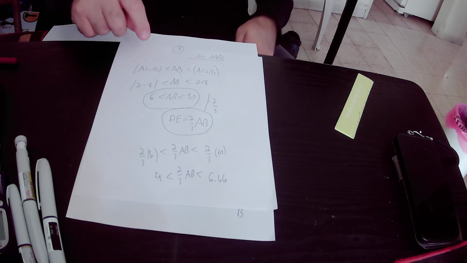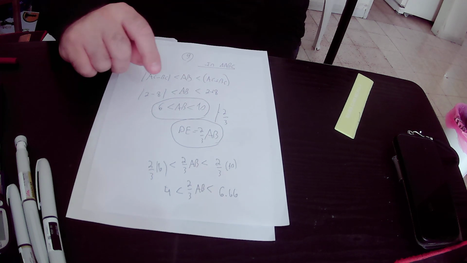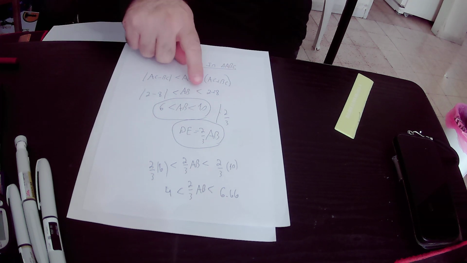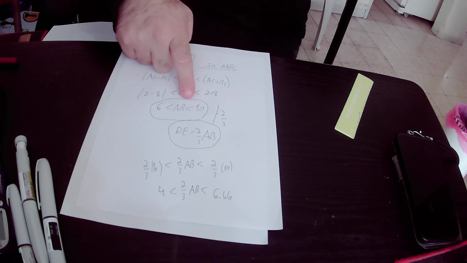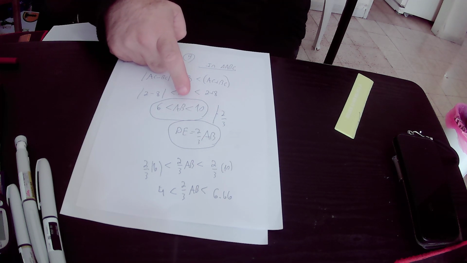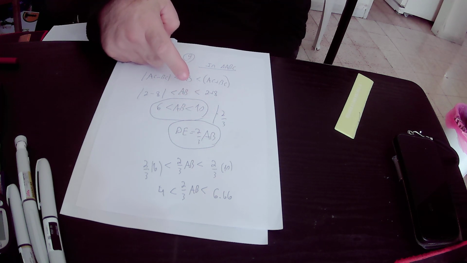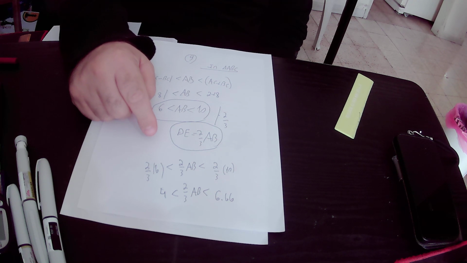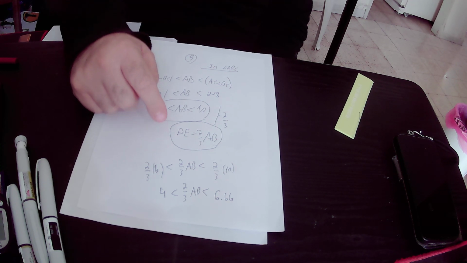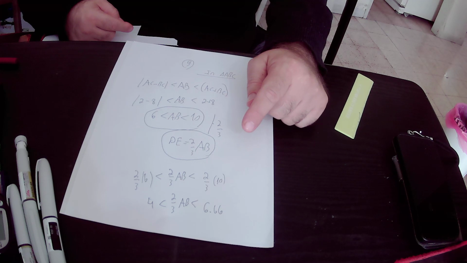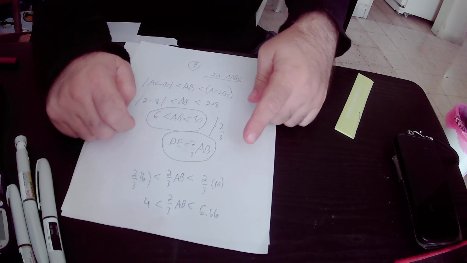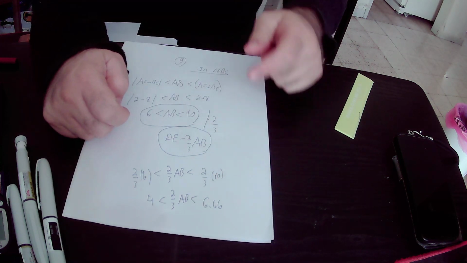But we have already found out that DE equals 2 over 3 times AB. So we multiplied this formula by 2 over 3, and we got that 2 over 3 times AB is greater than 2 over 3 times 6 and is less than 2 over 3 times 10. 2 over 3 times 6 is 4, and 2 over 3 times 10 is 6.66.